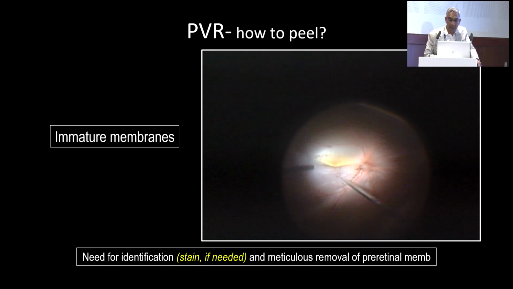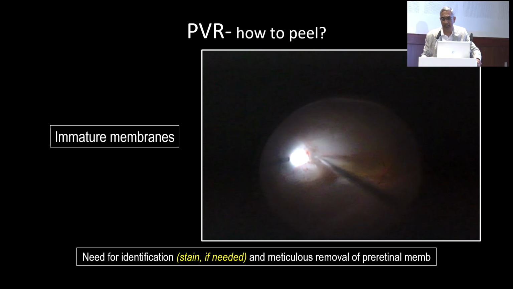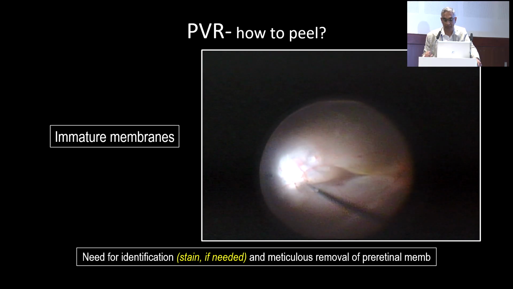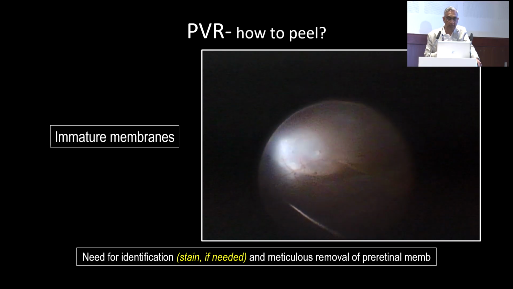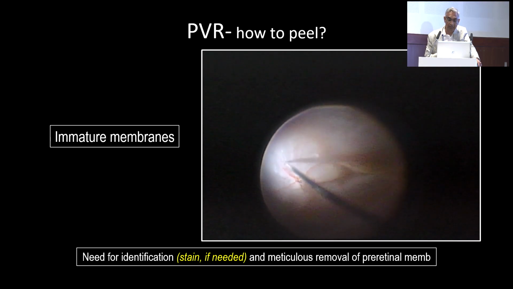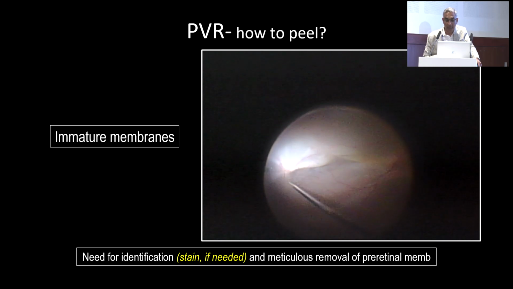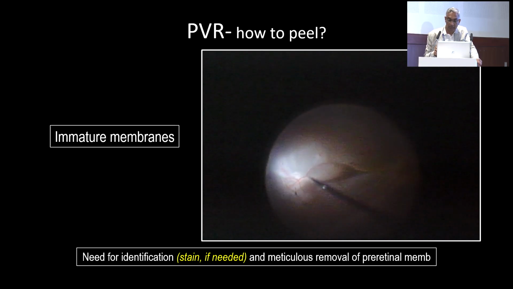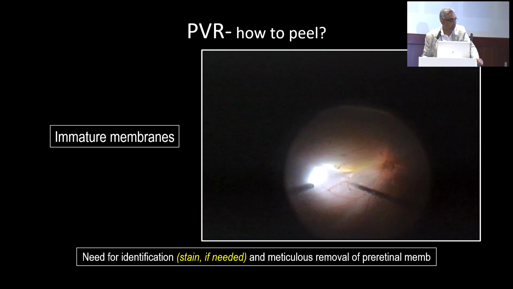You are not pushing the retina too much, but basically the light pipe will help to hold it on. Yes, the most important factor for all of us is identifying immature membranes. Sometimes practically you can't see any membrane initially, but as you keep on teasing, massaging the retina, slowly you get those thin, flimsy membranes. An indication would be a lot of pigments you see on the retina. You start teasing, and when you get that edge and start peeling, probably you realize that the entire retina was covered with the membrane, and you need a lot of time, a lot of patience.